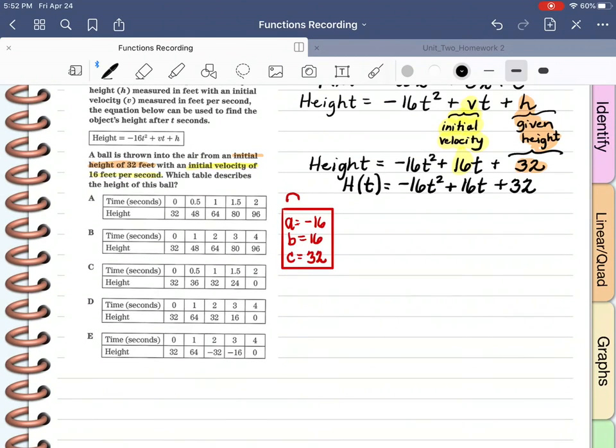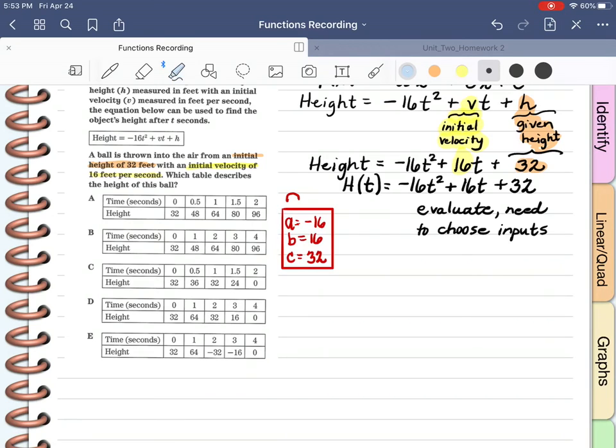So I'm going to have to evaluate this function, which means that I need to choose some input values. Normally we would call those x's, but in this problem they're t's, they're times. So I'm going to look at my table here to see which input values I need.